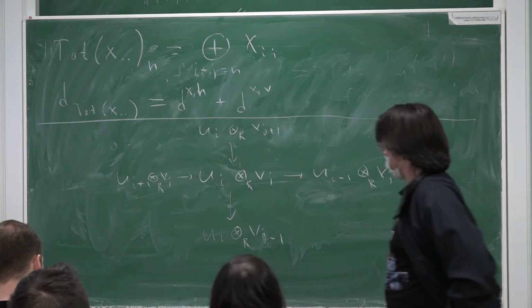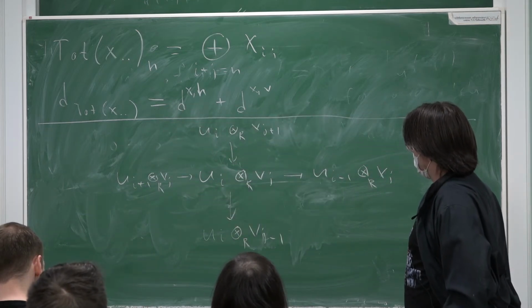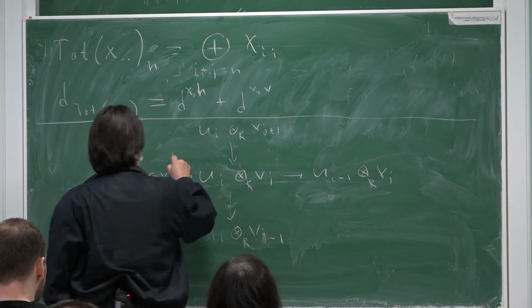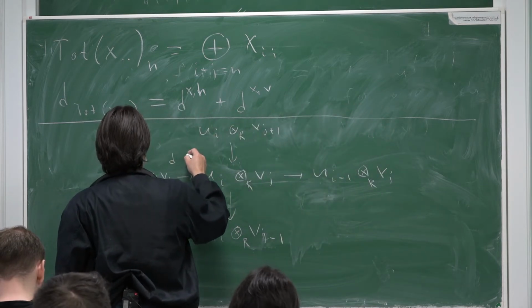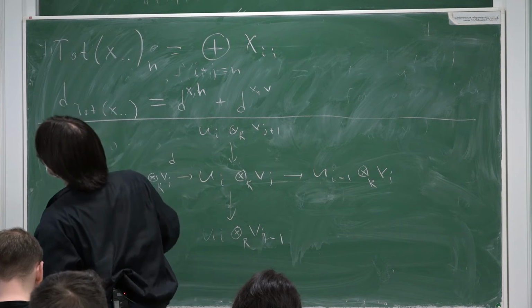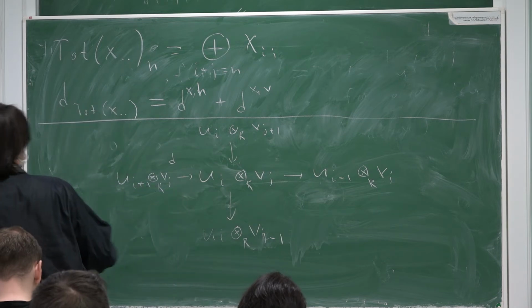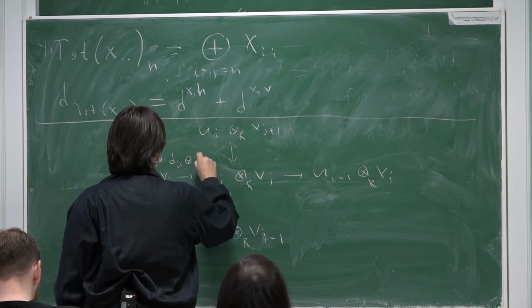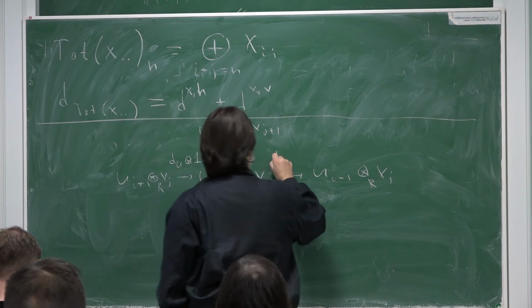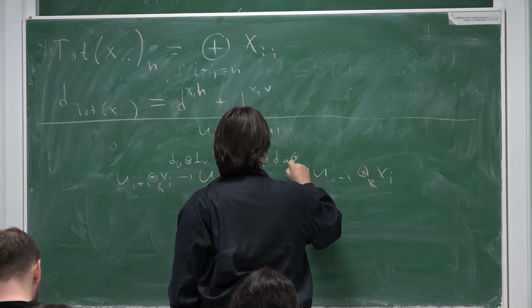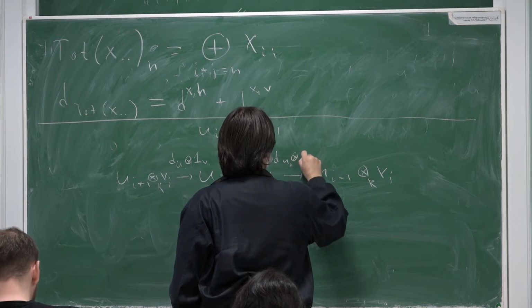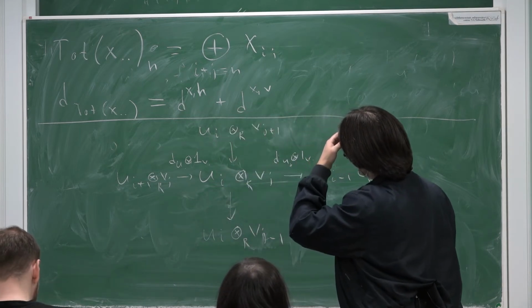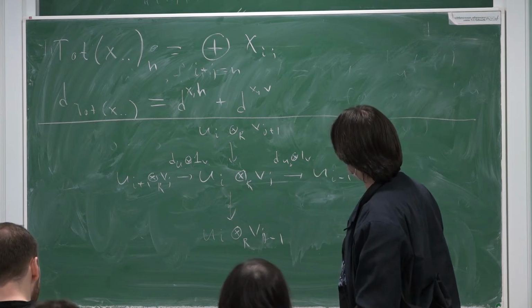And now you have here simply d_U tensor 1_V, and here, I don't know exactly what you have.